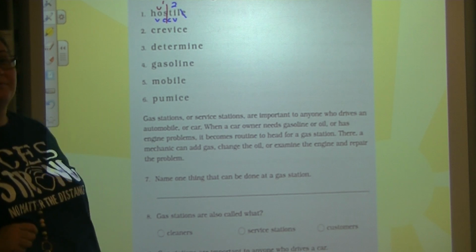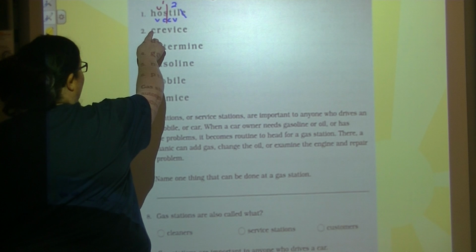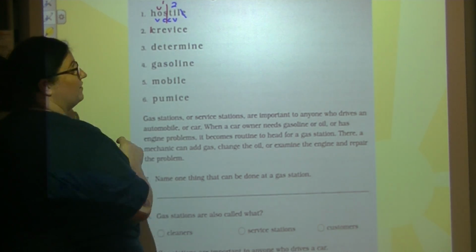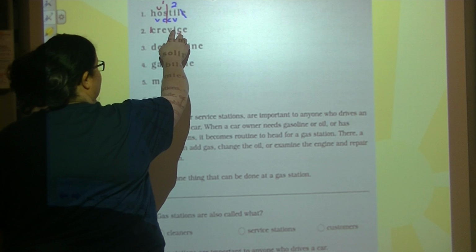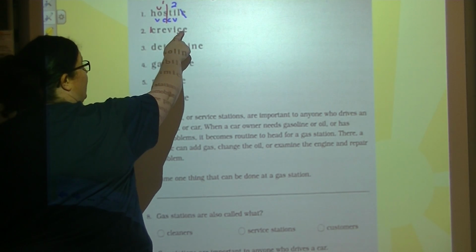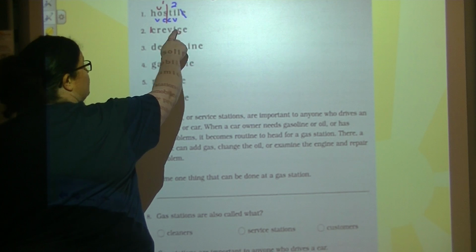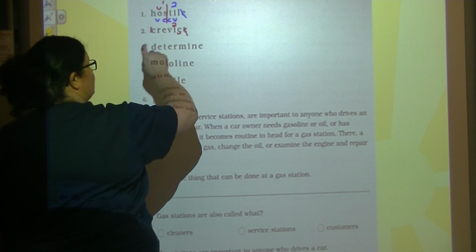Number 2. Now we need a K back here. What do we need on this one? A cedilla, because we have I consonant E. We know this is, that's right, schwa.